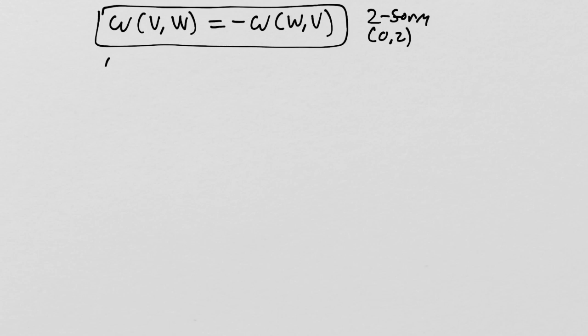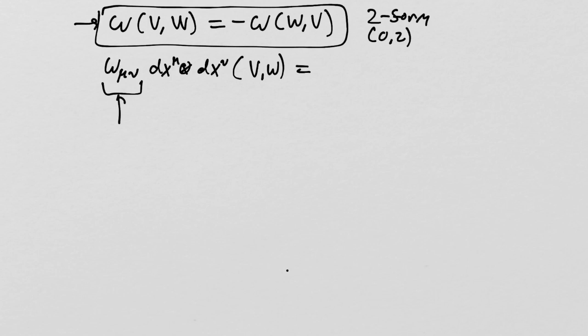We already know that the components of this we called omega mu nu, and the attached basis vectors was like this. And so we can now turn this rule into a restriction on these components. It's not very hard to see, because what we're looking for is this has to equal the opposite of omega mu nu dx mu tensor product dx nu on this.